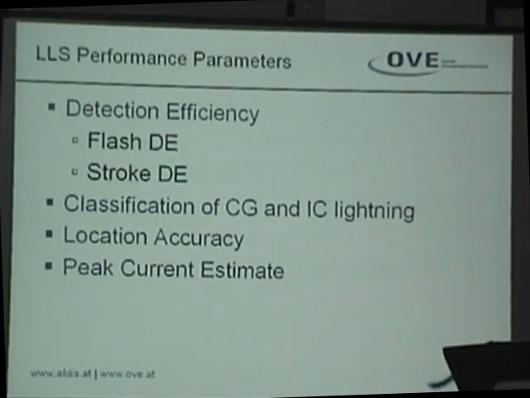Then, and this is according to me one of the biggest problems right now, lightning location systems sometimes have problems classifying cloud-to-ground data correctly, because right now I think in Europe we have a certain extent of intracloud discharges erroneously categorized as cloud-to-ground data. Then location accuracy and peak current estimate are also performance parameters, but they are quite good. We'll see this later.